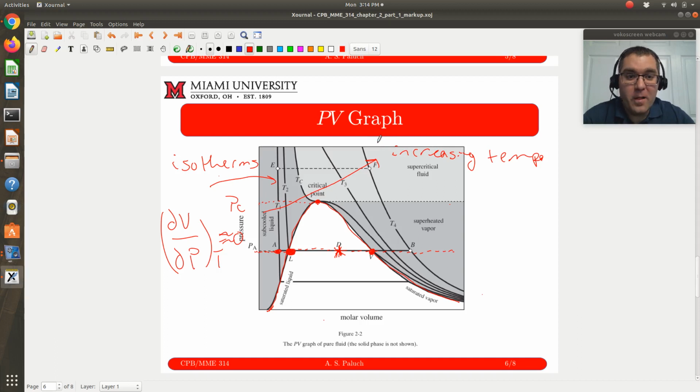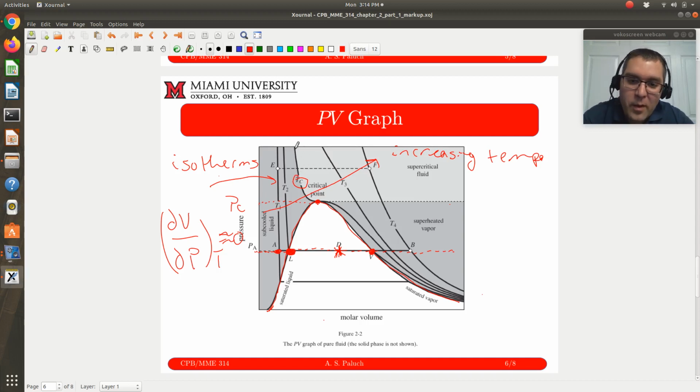The last two comments I want to point out in this phase diagram are something that we'll leverage later on when we start to talk about cubic equations of state. Have a look at our critical isotherm, the isotherm labeled with Tc. Our critical isotherm does something special, if you will.